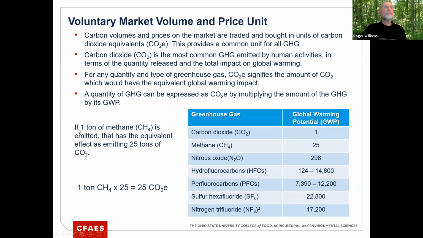So, for example, if 1 ton of methane, CH4, is emitted, that has the equivalent effect as emitting 25 tons of CO2. How do we get that? Well, 1 ton of methane times 25, which is its global warming potential, comes out to 25 carbon dioxide equivalents, okay?